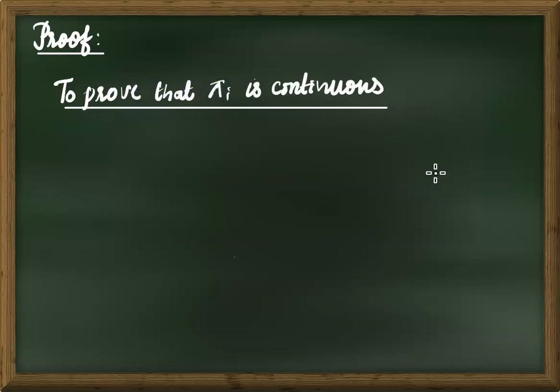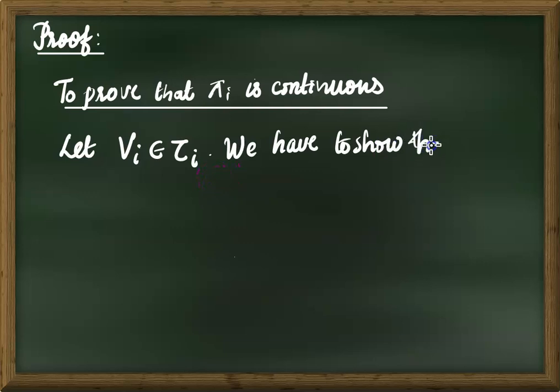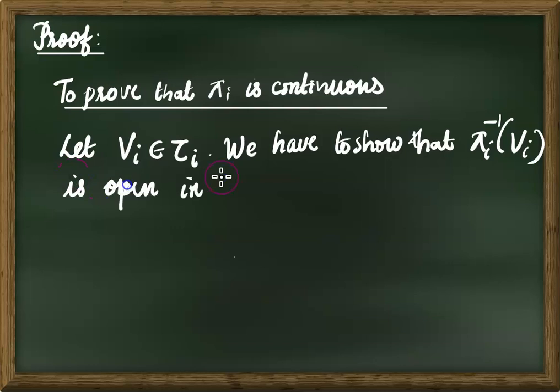We know that to prove that a function is continuous, it is enough to show that the inverse image of every open set is open. So let us first consider an open set, say Vi from capital Xi. That is, Vi belongs to tau i. We have to show that its inverse image pi i inverse of Vi is open in X.